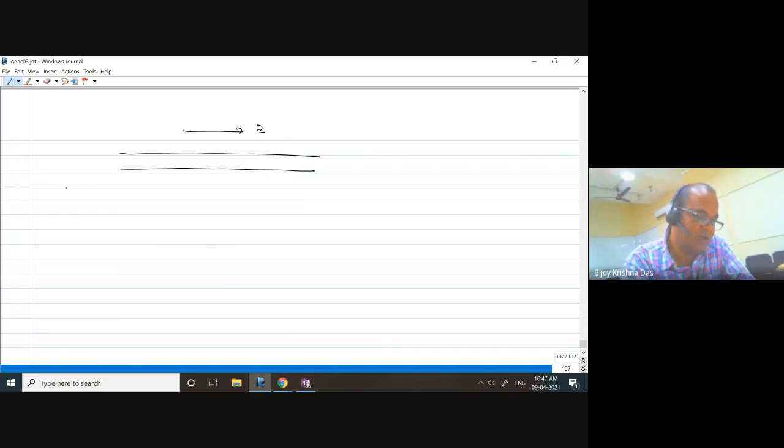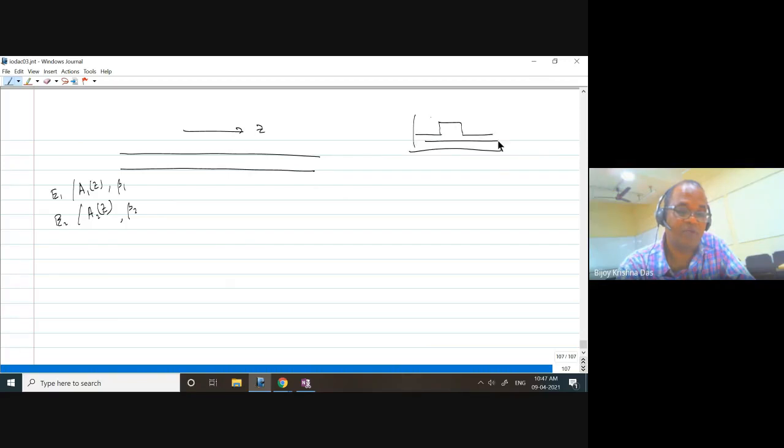One mode is defined by E1 or A1z, and the other is E2, with amplitude varying as a function of Z. It has beta 1 and beta 2 as propagation constants. This is the cross section: if you see the XY cross section, it will obviously look like this. This is your waveguide cross section, Y, X.